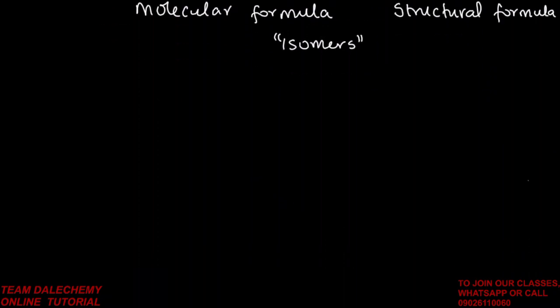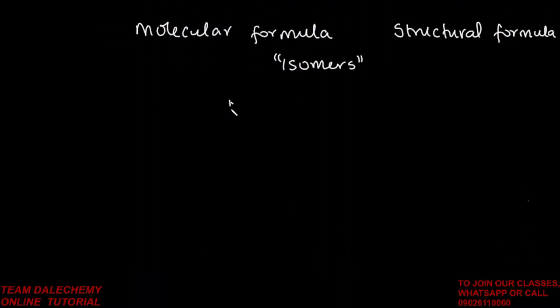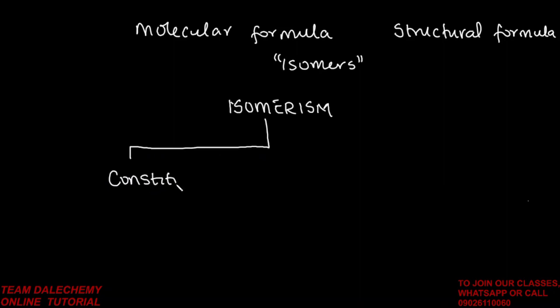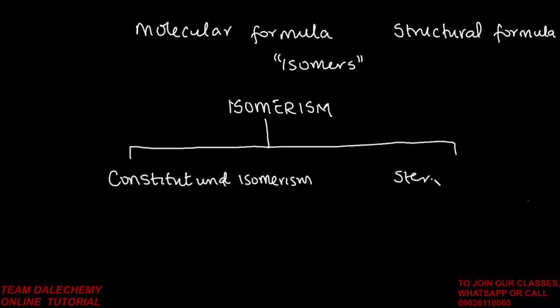Isomerism is basically divided into two. Isomers could either be constitutional isomers, that is constitutional isomerism, and the second one is stereoisomerism.